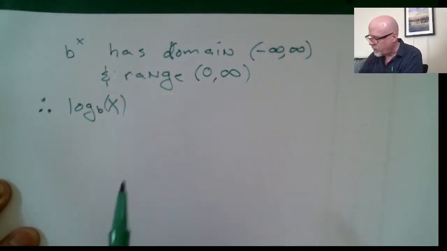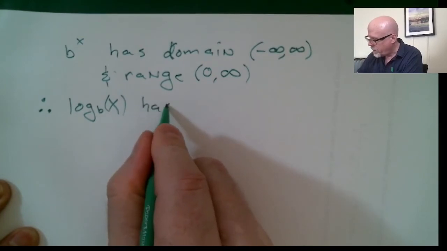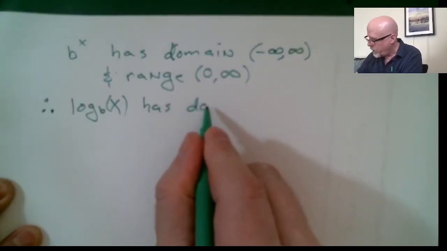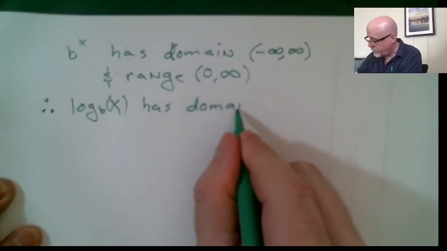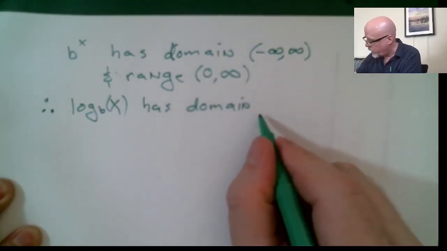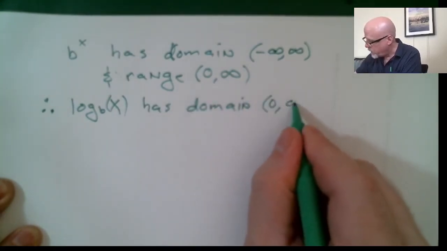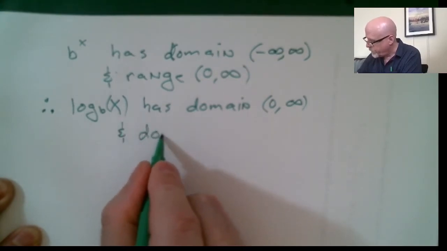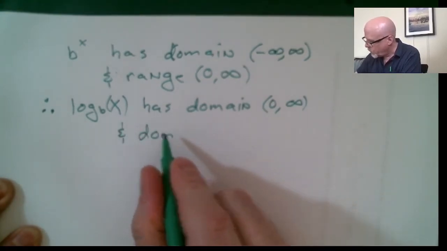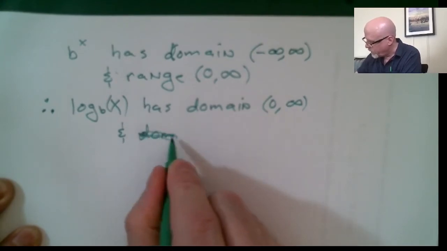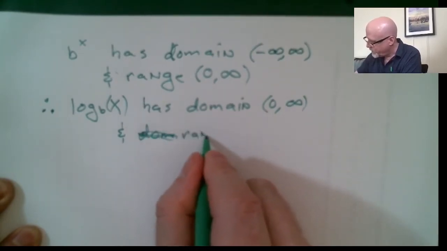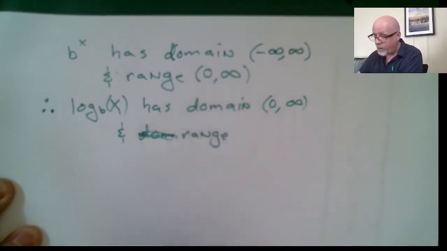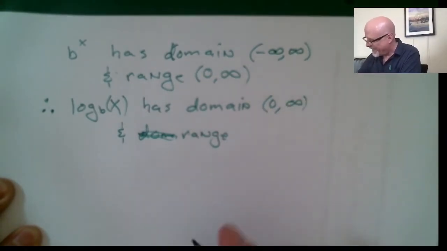Therefore, log base b has domain 0 to infinity, the range of the other guy, and range, whoops, the words don't switch, but the things do.